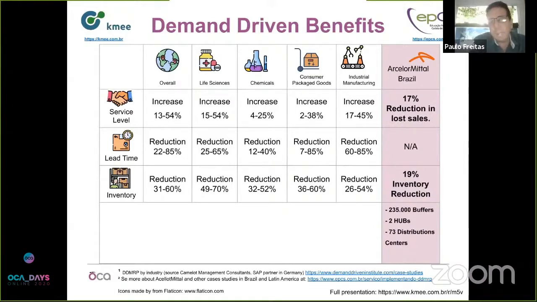They obtained a 17% reduction in lost sales and a 19% reduction in inventory. So you can imagine how many millions that represents in savings, given the size of the company and the size of the project. All right, let's move on, Louis.